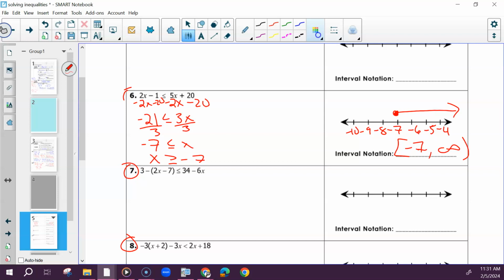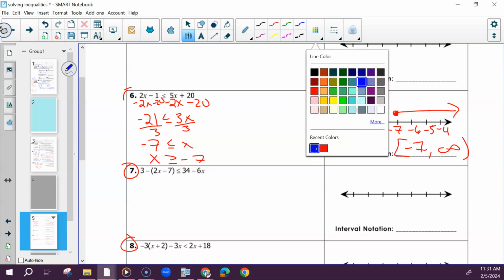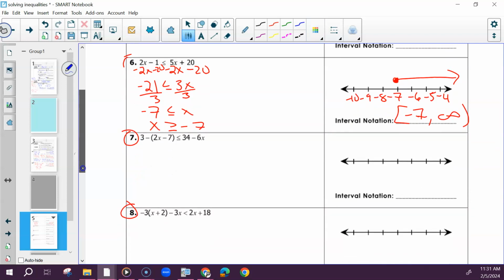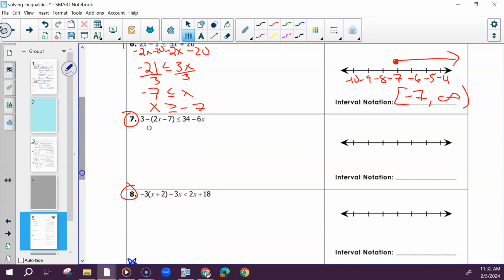Questions on that problem? Right. Number 7. Distribute first, but remember that this is an invisible 1 that you're distributing, not the 3.